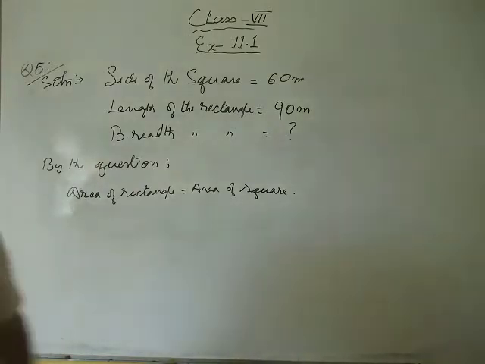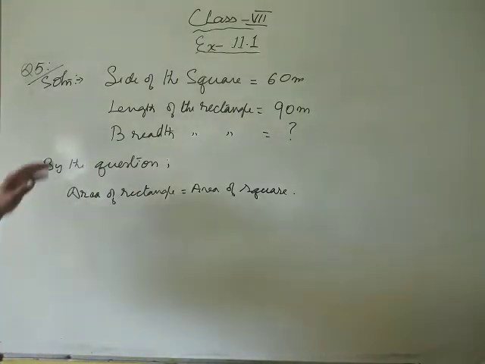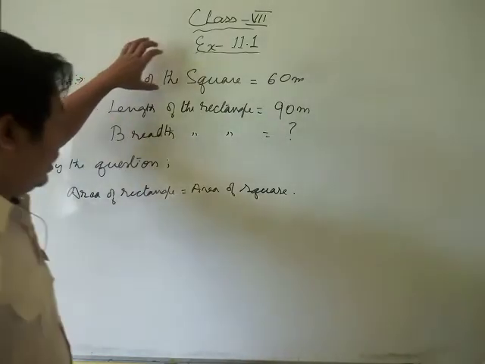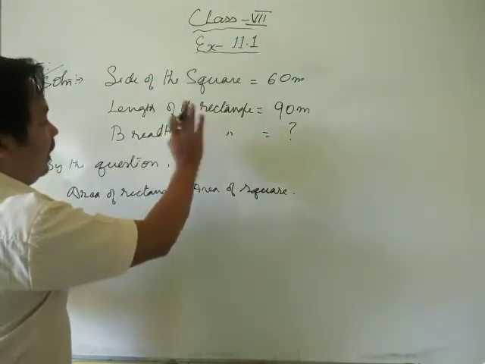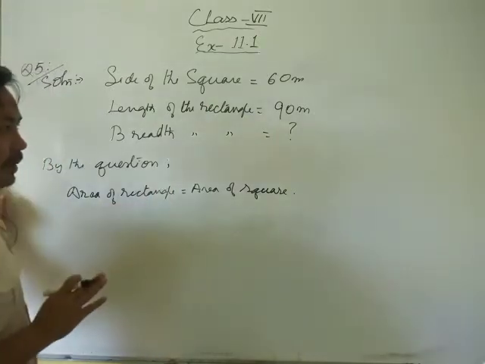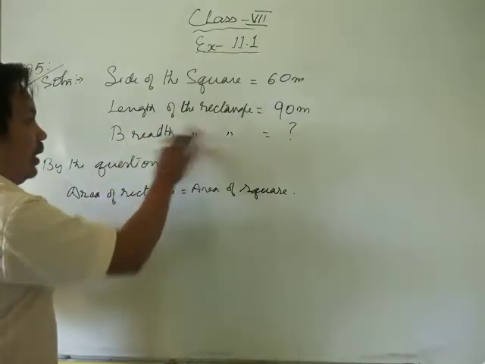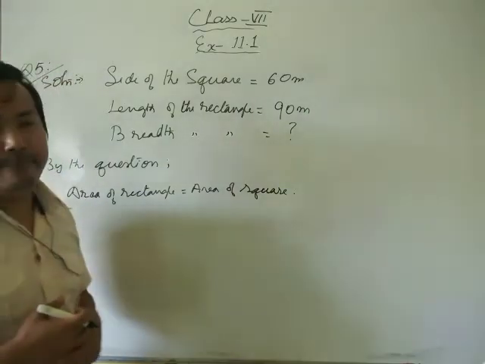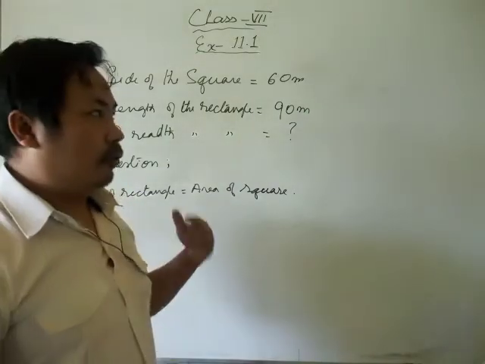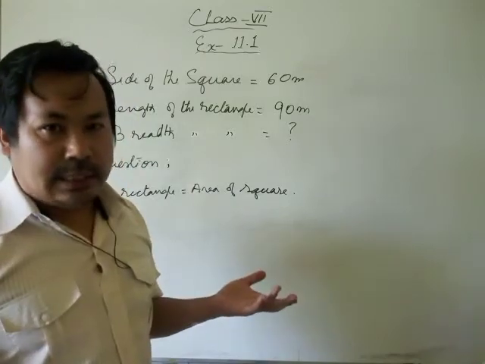Now, hello friend, the next question we have is like this. The side of the square is given, and the length of the rectangle is given as 90 centimeter, and we have to find out the breadth of the rectangle. How can we find out the breadth? If we know the perimeter or the area of the rectangle, then we can find its breadth.